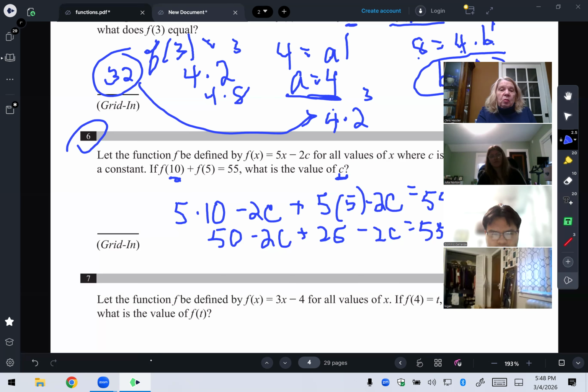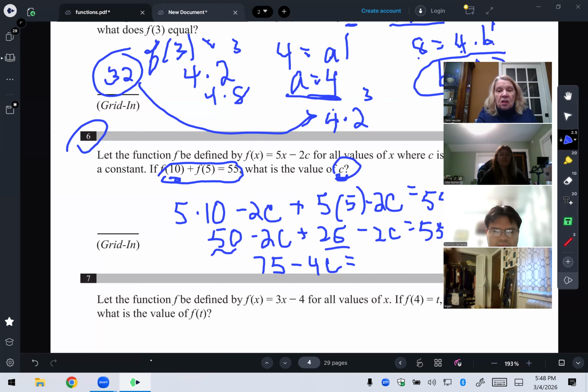And so we're trying to figure out what this value of c is. So that's going to be 50 plus 25 is 75, minus 4c is 55. So we subtract the 75.